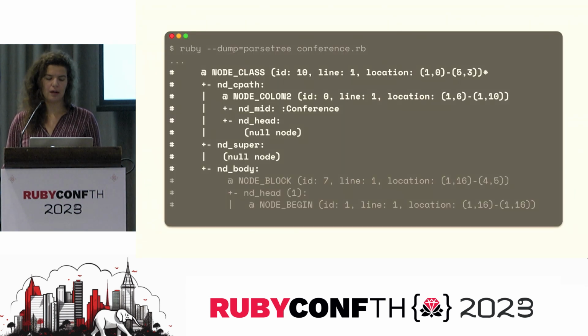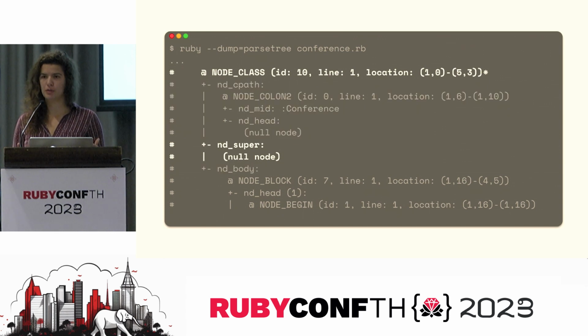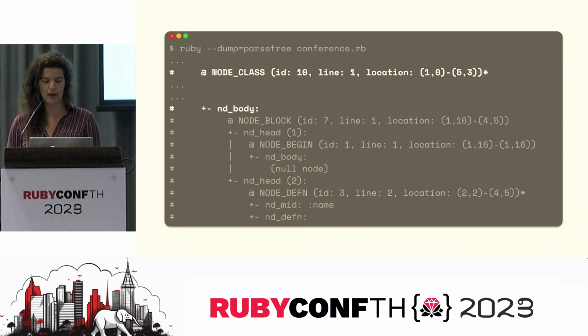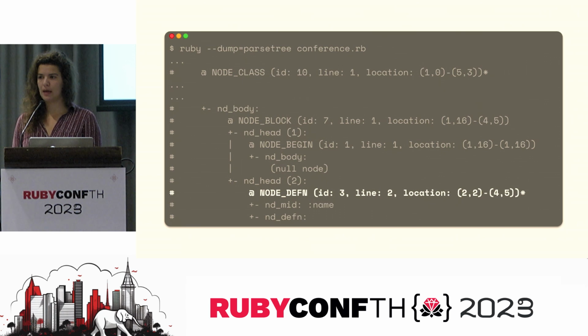If we look a little more at the class node, it also has a super node, which in this case doesn't exist. It's a null node because there's no super to our class, but we could see clearly the use cases for a super node there. It also has a body node, which again has a block node wrapping it, but the crux of what's within that body in our specific case is this defin node, or a definition node for our method definition.